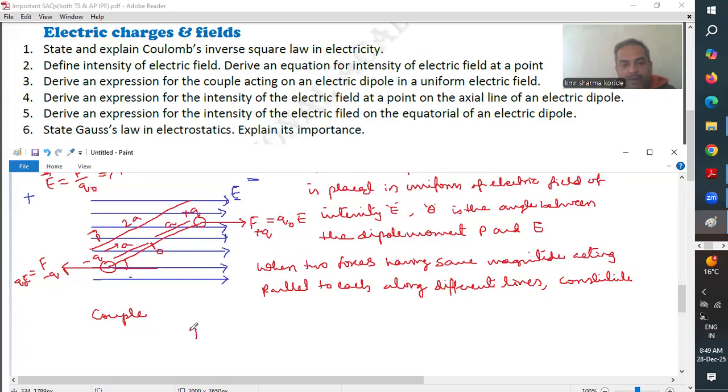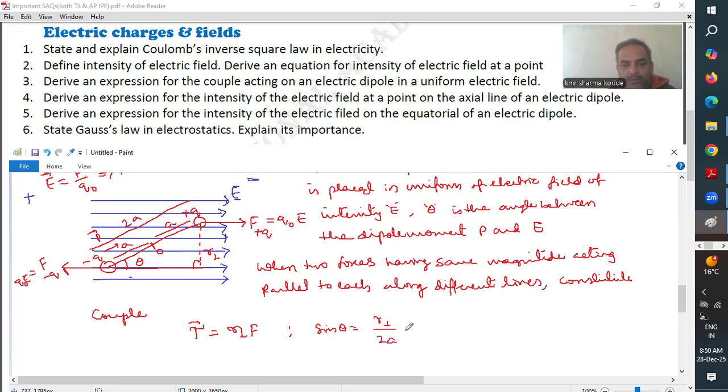So mathematically we write that couple equals perpendicular distance times force. So what is the perpendicular distance? It is perpendicular to the direction of force. So this is going to be the perpendicular distance. So you can say that sine theta equals perpendicular distance by hypotenuse. What is the hypotenuse here? 2a is the hypotenuse. So from the diagram, sine theta equals opposite, which is the perpendicular distance, divided by hypotenuse.